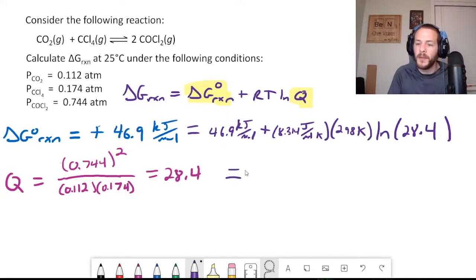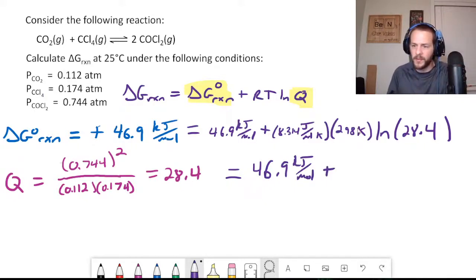So it's going to be 46.9 kilojoules per mole plus this whole thing here. So let me calculate that real quick. So that's 8.314 times 298 times natural log of 28.4.